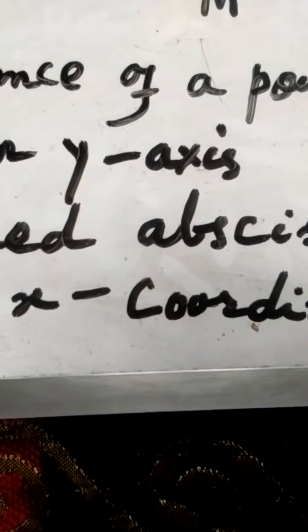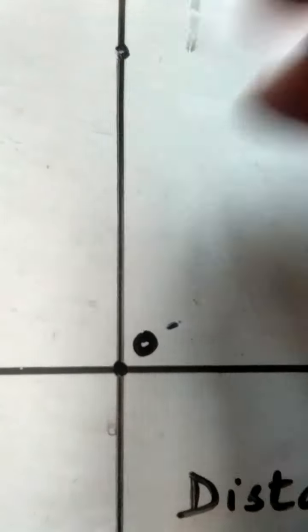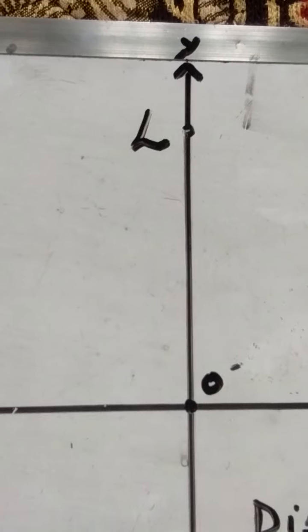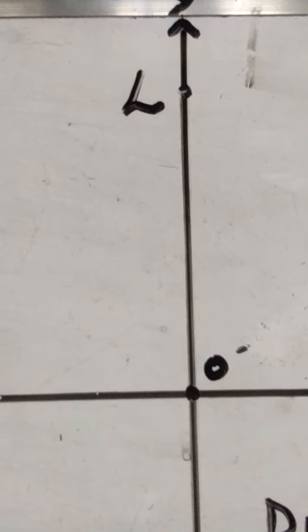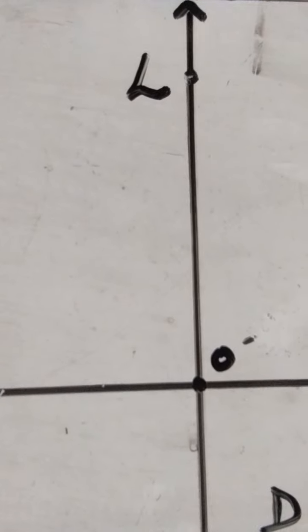And suppose we take another point on y-axis and name this point L. This point is situated on y-axis, and we measure the distance of this point from x-axis. When we measure the distance of this point from x-axis, it is called y coordinate or ordinate.